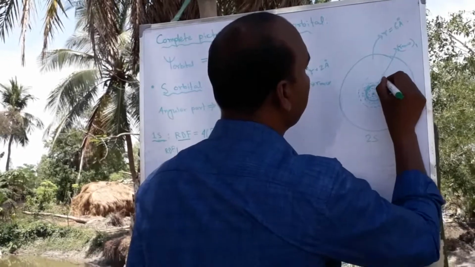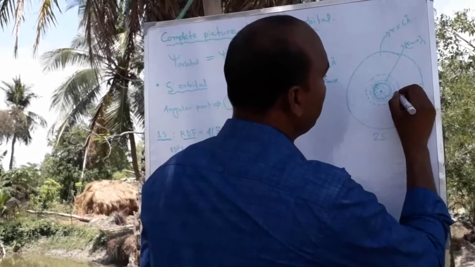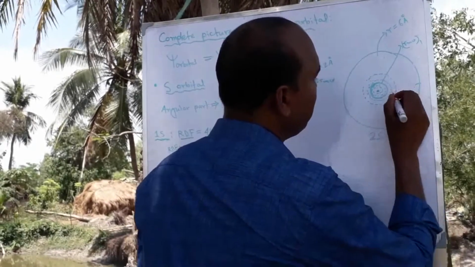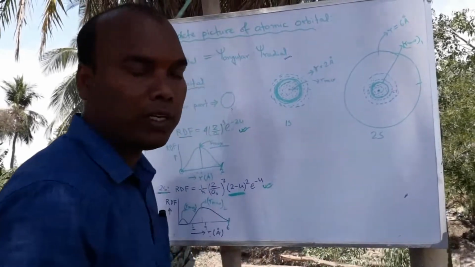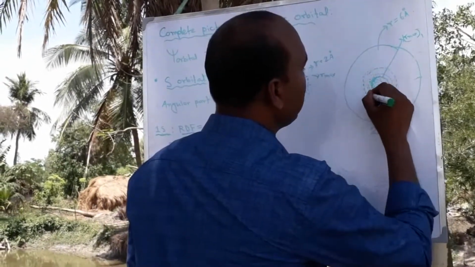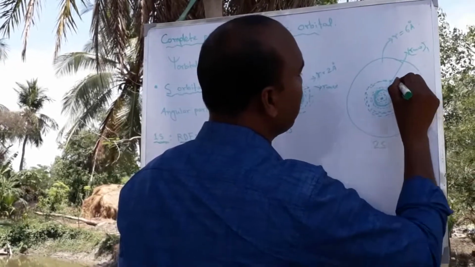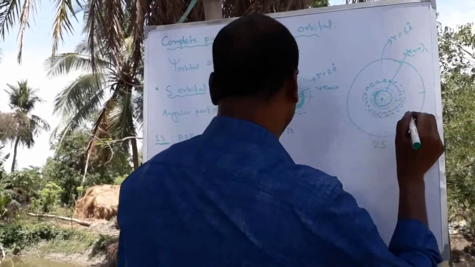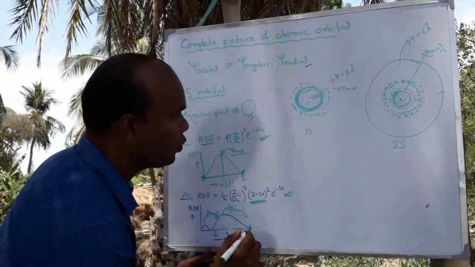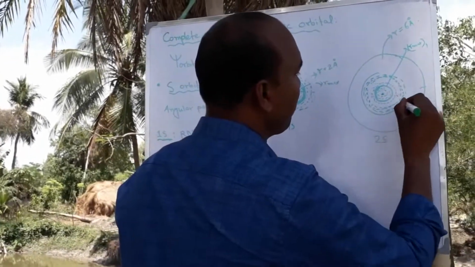Between this region and this region there is no electron cloud density. After that, the electron cloud density will further increase. Then you will find the Rmax2 value. This is your Rmax2.